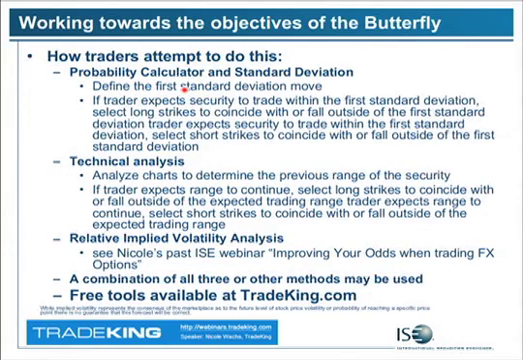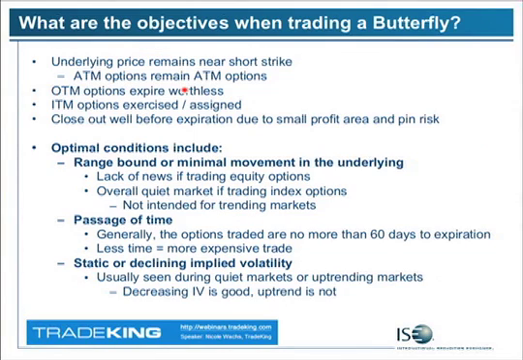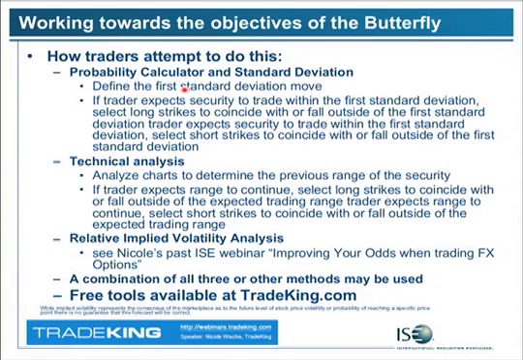Okay, so now I've given you, on this slide here, the optimal conditions. Well, that's all well and good, but how do I find out about optimal conditions? How do I analyze that further? How do I figure out how to put this into action and make this into an actual trade for myself?